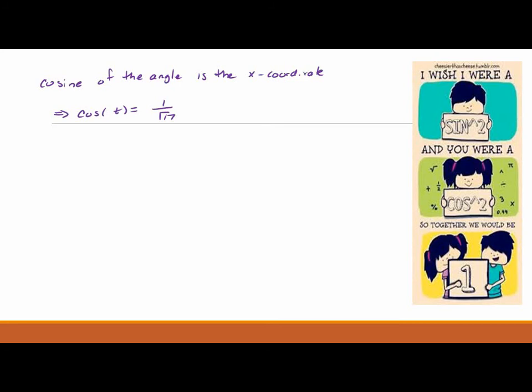So I wrote this again: the cosine of the angle is the x-coordinate, cosine t equals 1 over square root of 17, and the sine of the angle is the y-coordinate. It's like a trick question. Keep in mind this "of t."